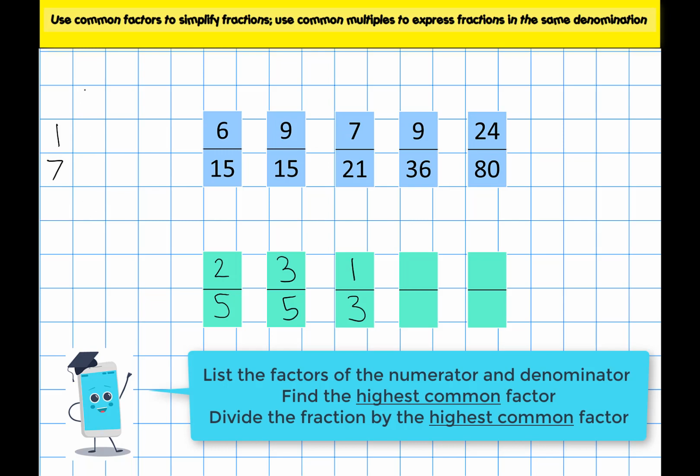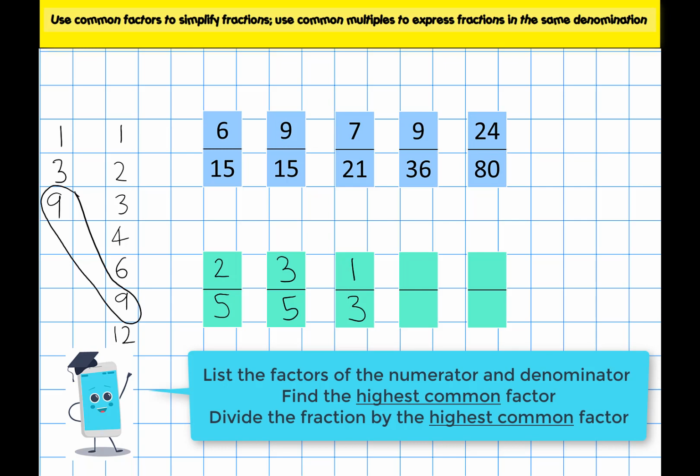Okay, let's look at my 9/36 now. Let's make a list of factors of 9: 1, 3, and 9. And now let's make a list of 36. It's got a lot more. 1, 2, 3, 4, 6, 9, 12, and actually it does go on, there's 18 as well, but the largest factor of 9 is 9, so that's going to be the largest common factor.